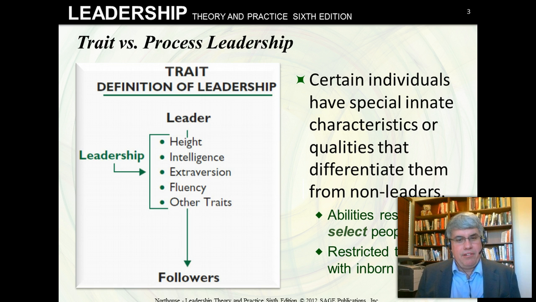So this is kind of like the traditional, naive, common sense approach to leadership. But in reality, we found that it can be a lot more complex. Now, trait leadership, we're going to see later in Chapter 2, has a lot of value to it, but there's a lot of other things that are happening in leadership besides having leaders who have certain traits.